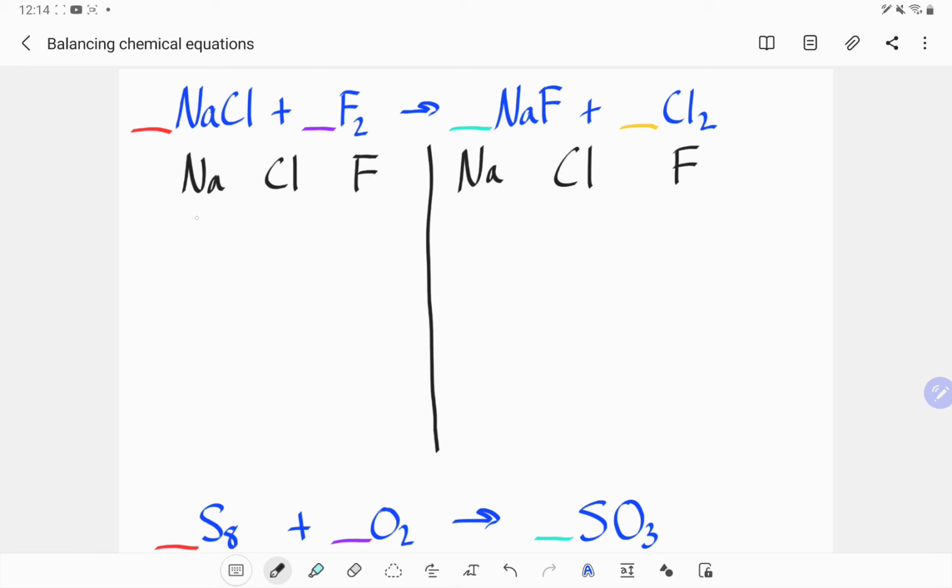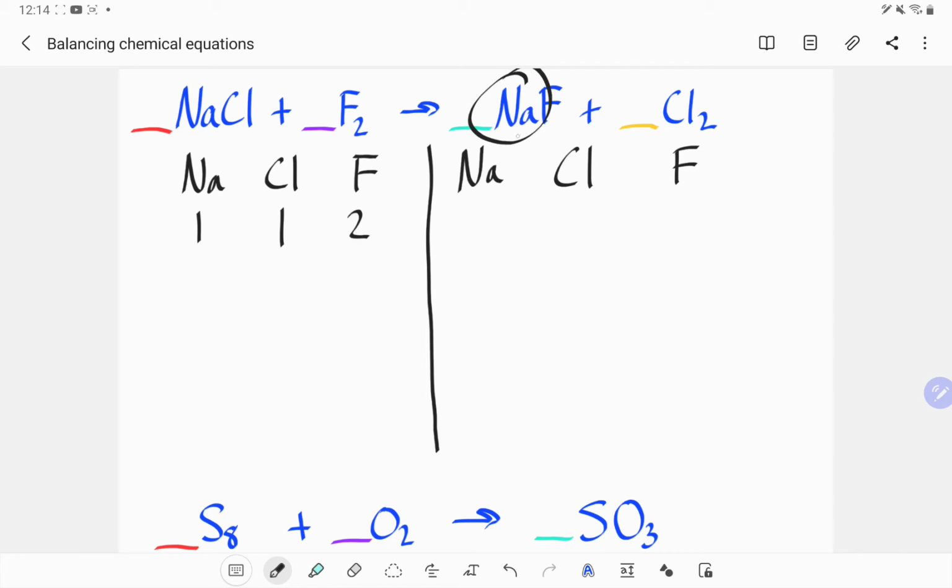I have 1 sodium on this side of the equation, 1 chlorine, and 2 fluorines. Awesome. Now moving on to the product side, the right side of the equation.